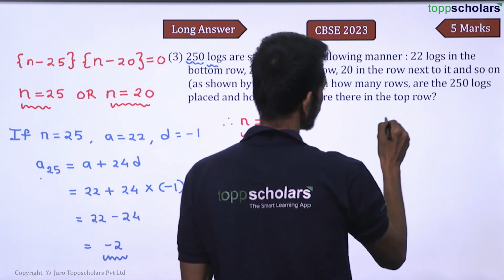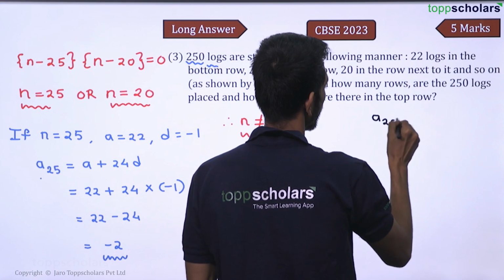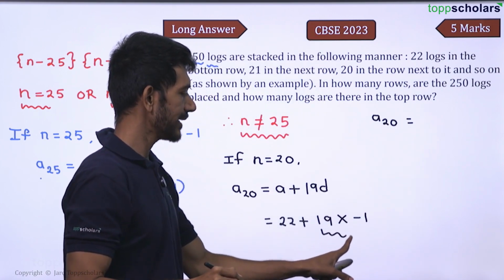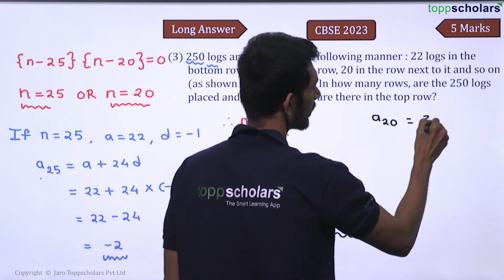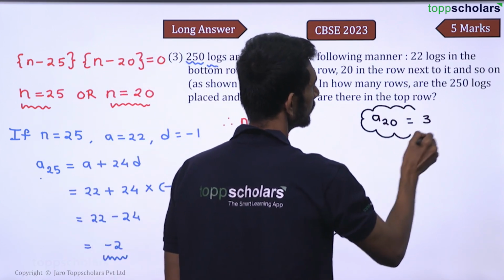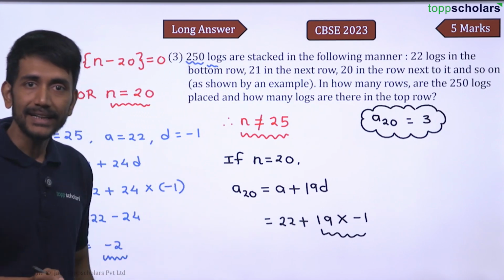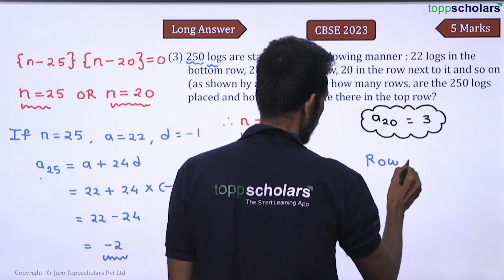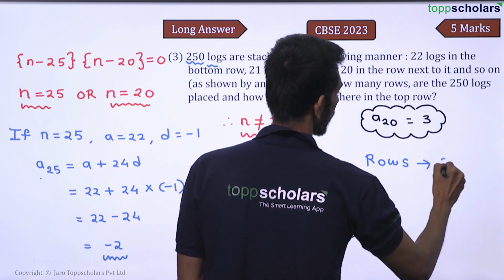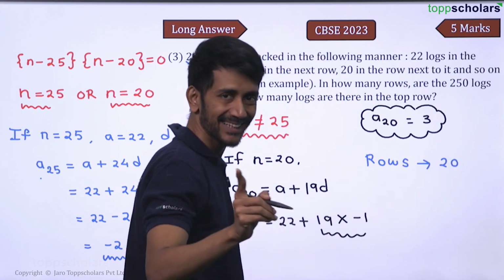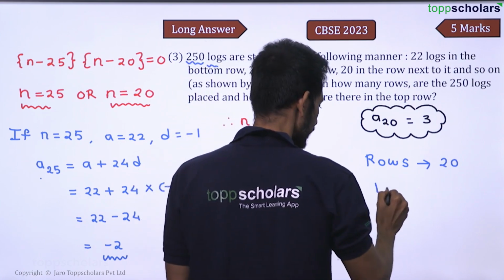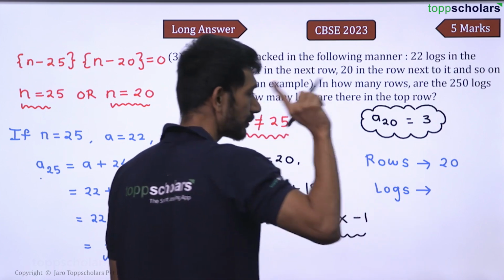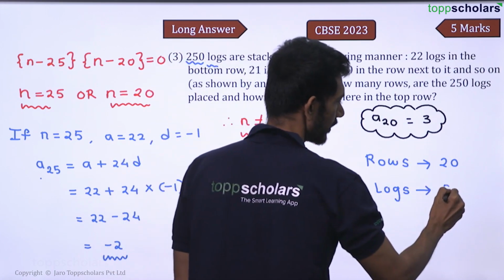So can I say A20 is equal to 22 minus 19, which is 3. So to conclude, what is the final answer? The final answer is that the number of rows is 20 and the number of logs at the top is 3. This is the final answer.